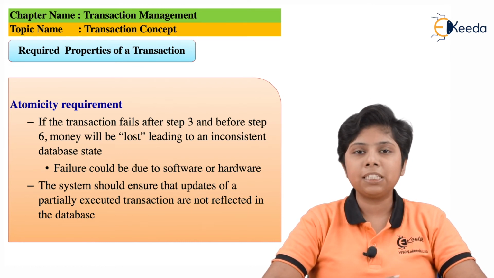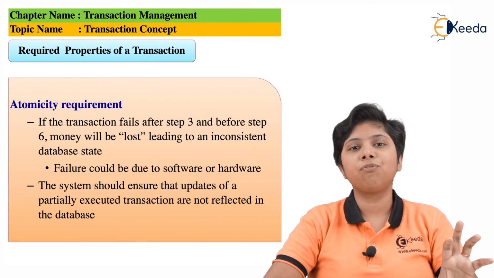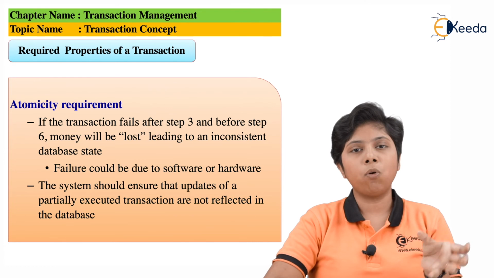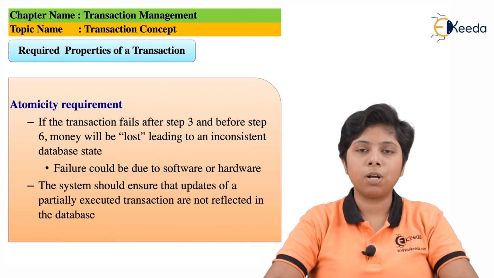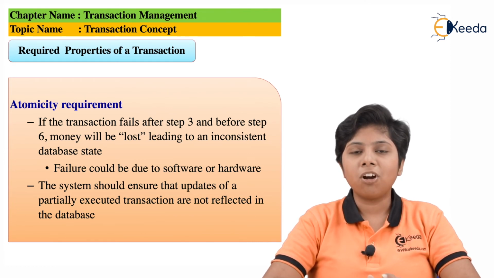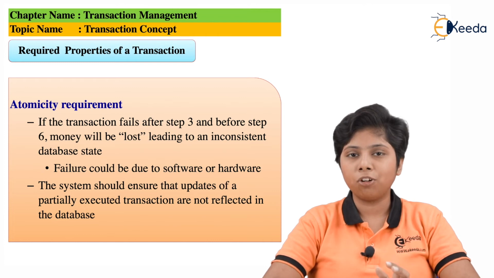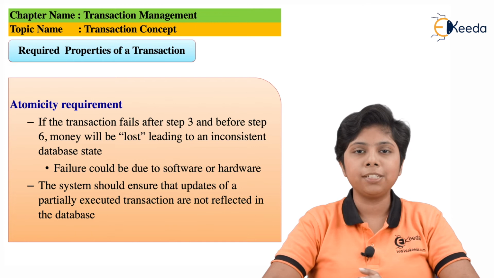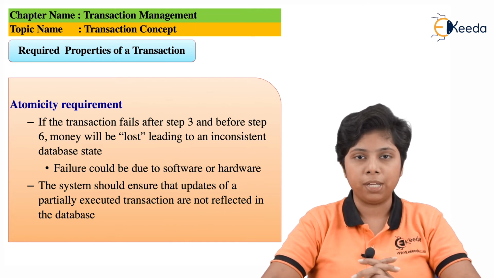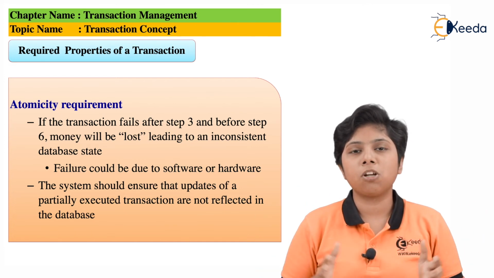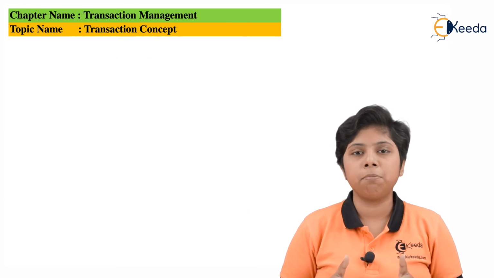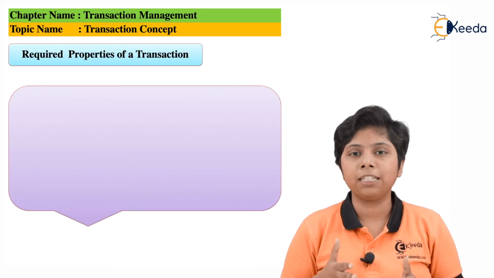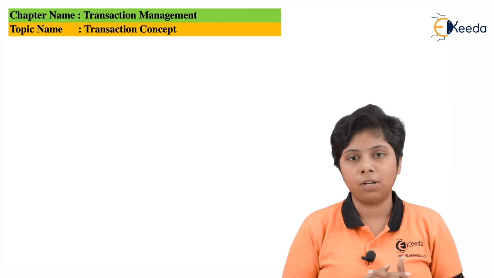The transaction is considered complete when there is a deduction from account B and also a credit to account A. So we cannot have just the debit from account B or just the credit to account A performed in a separate way. We need to perform these operations together on A and B, so that we can follow the atomicity property of this transaction.